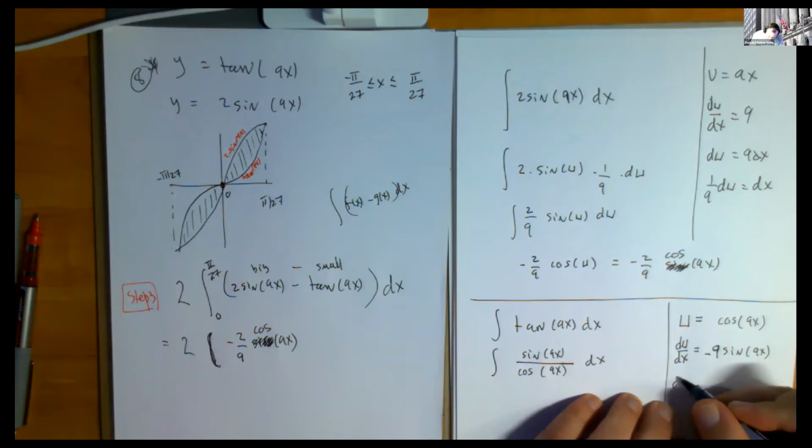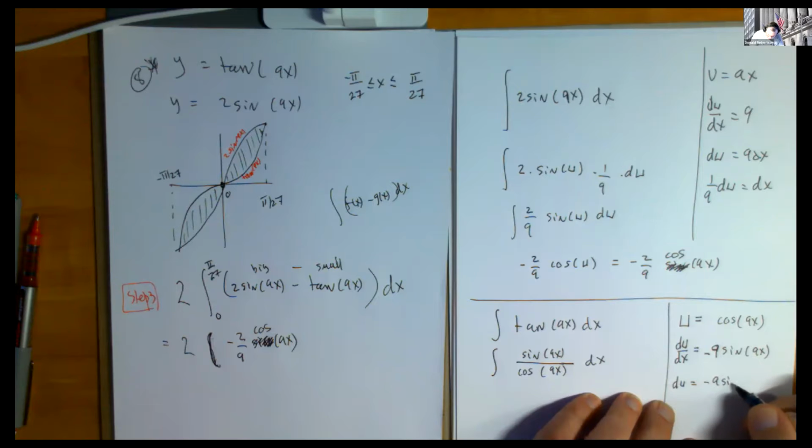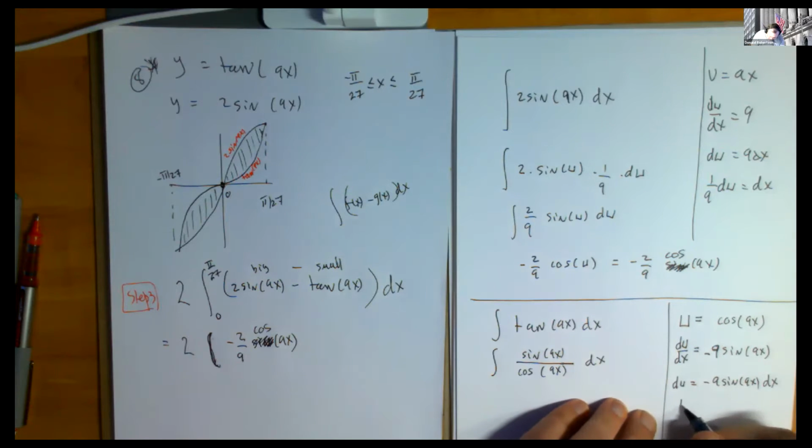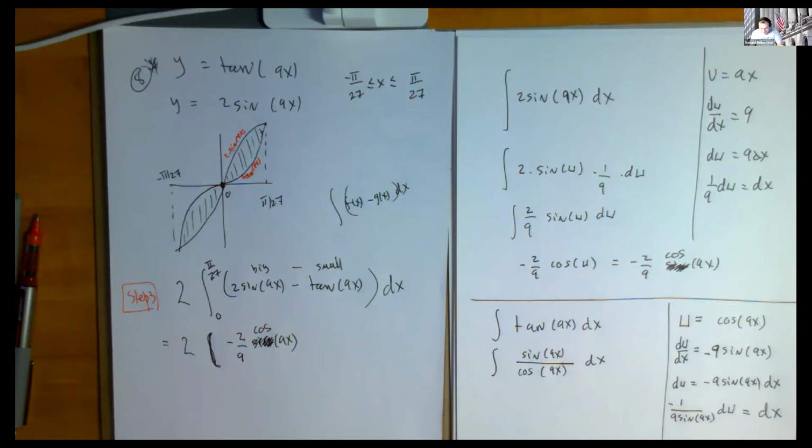Now you do the crossover next. And then you isolate the dx. Have you noticed that the way I do u subs is the same way every blinking time?